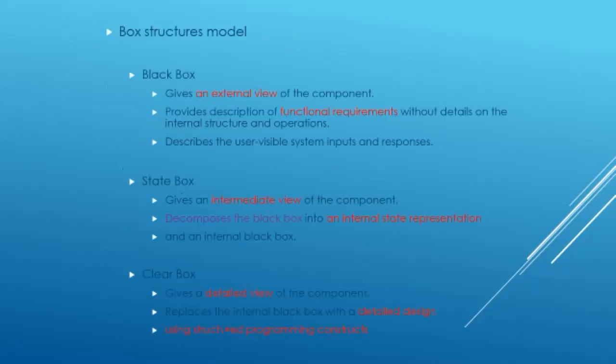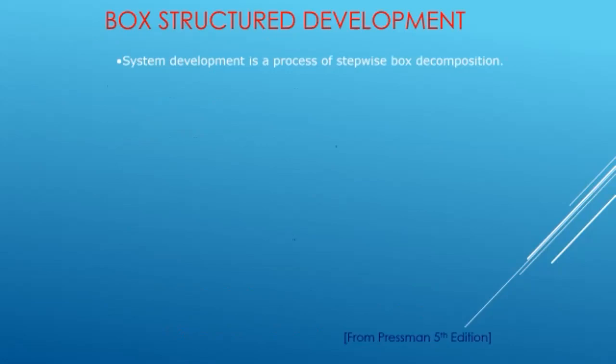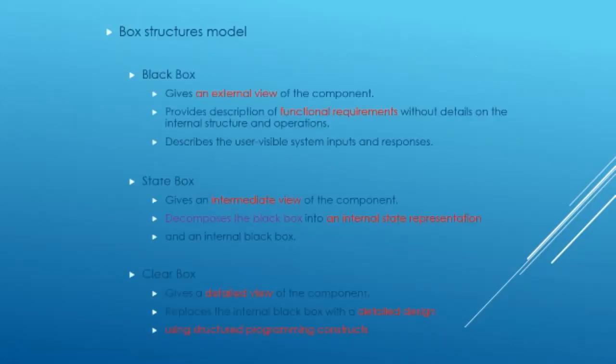Box structure model. There are the black box, state box, and clear box. These are the models. First, the black box gives an external view of the component, provides a description of functional requirements without details on the internal structure and operations, and describes the user visible system input and responses.